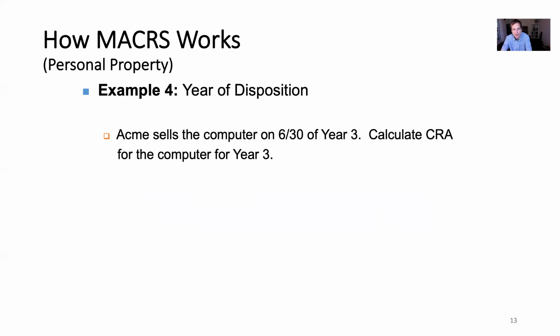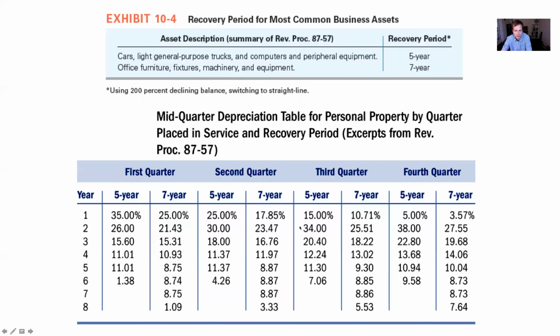What if Acme now sells the computer in June of year 3? What would the depreciation expense for the computer be in year 3? Let's go to our tables here. They sell the computer in June. My instinct is going to be to say June is the second quarter, and look here.